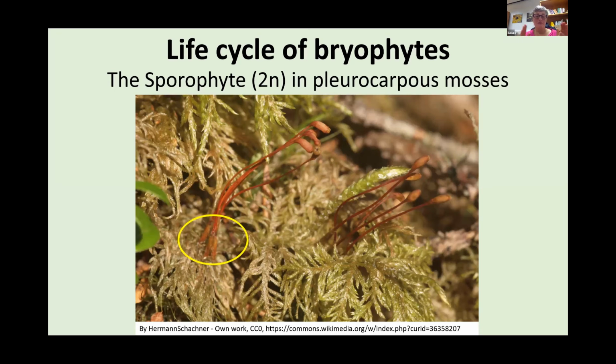We said that Pleurocarpus mosses have their Antheridia and Archegonia held in specialized side branches. And in this case, you can clearly see the sporophyte coming off the main plant in these little short, stubby branches. And then this one has lots of sporophytes that come out of each of the branches.